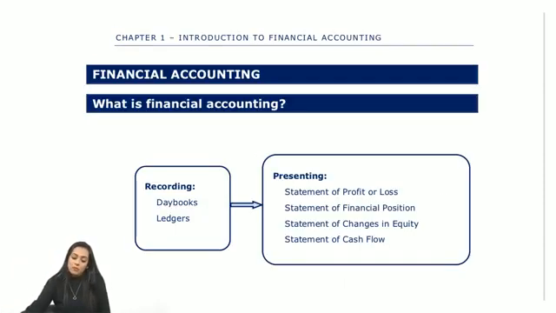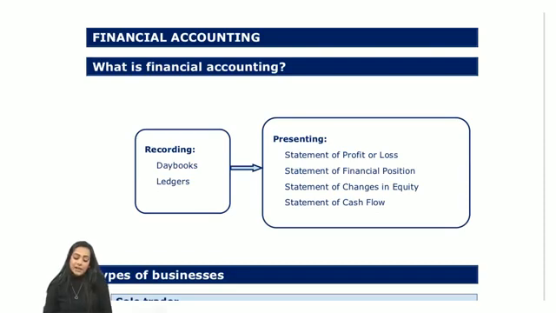We start off by defining what is financial accounting. Financial accounting is necessary because accountants keep records, they keep accounts. If you have a business, or if you know someone who has a business, or if you know of a company, many financial transactions happen on a daily basis.